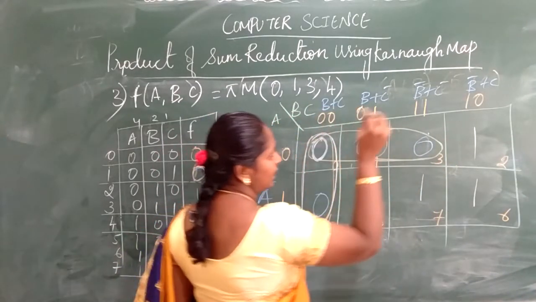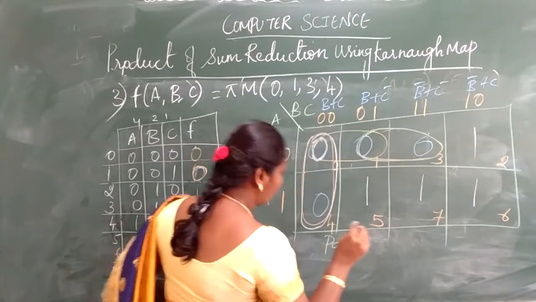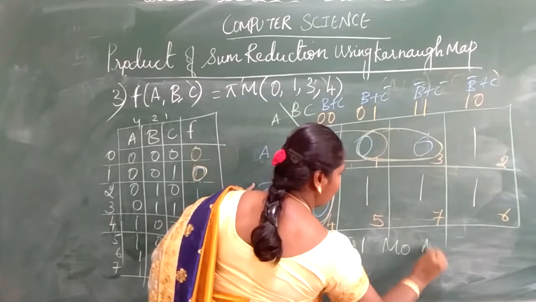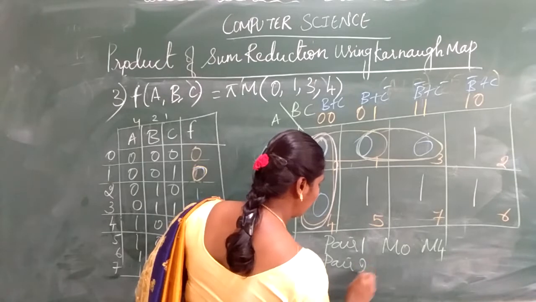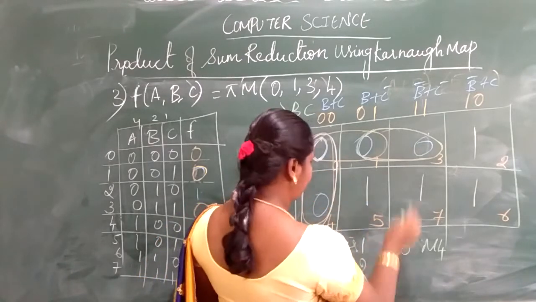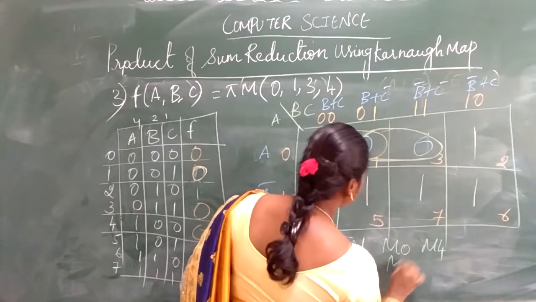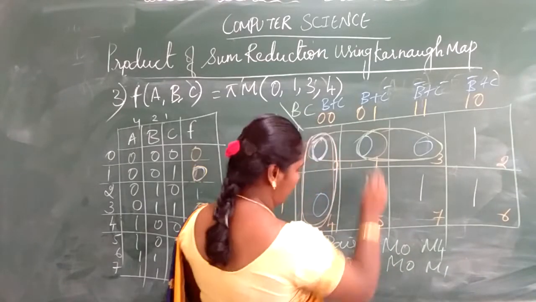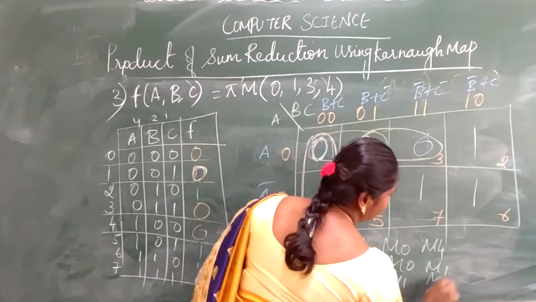First pair, I write it here: pair 1 is M0, M4. Second pair, M0, M1. Third pair, pair 3, M1, M3.